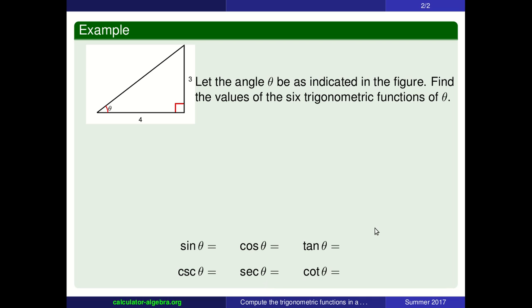All right. Now, we already studied how to find the 6 trigonometric functions from a right angle triangle if we know all 3 sides of the right angle triangle. But on this particular triangle, we only know 2 of the sides. We know that this side here has length 4 units, and we know that that leg here has length 3 units.